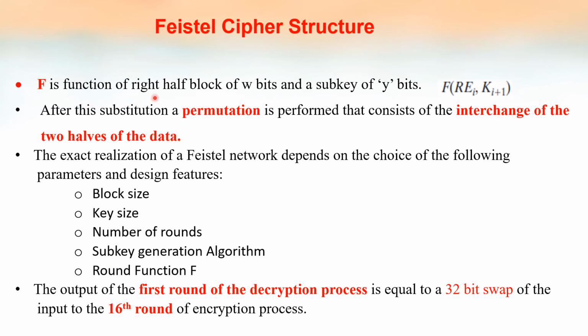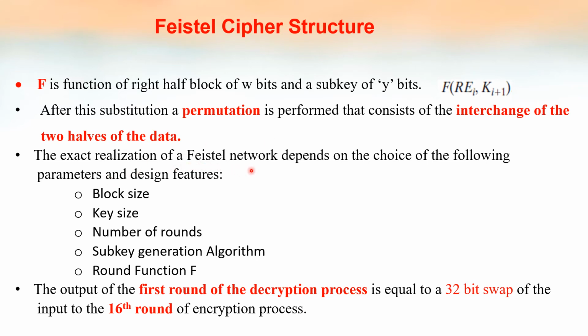F is a function of the right half block of W bits and a subkey of Y bits. F can be represented as F of REi, right side encryption, comma Ki+1, subkey. After the substitution, a permutation is performed, which means the swapping of the two halves.